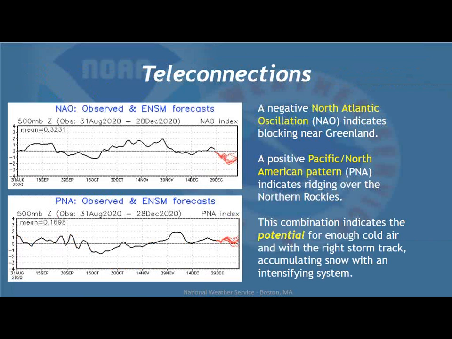When we have that pattern in a negative NAO, that's blocking that allows storms to slow down over our area as they move up the coast. And often we have enough cold air to produce a fairly sizable snowstorm. Another pattern we look at is called the Pacific North American pattern, or PNA.